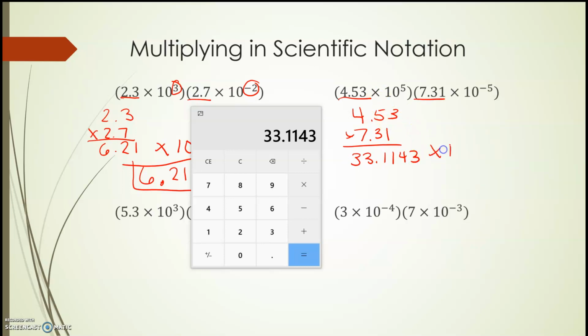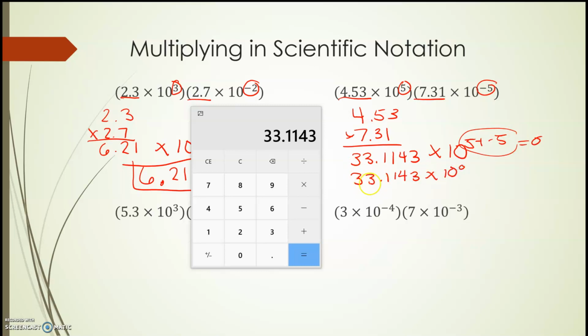We always write it times 10 to the, we have 5 plus a negative 5. So that's going to be 0. We have 33.1143 times 10 to the 0.